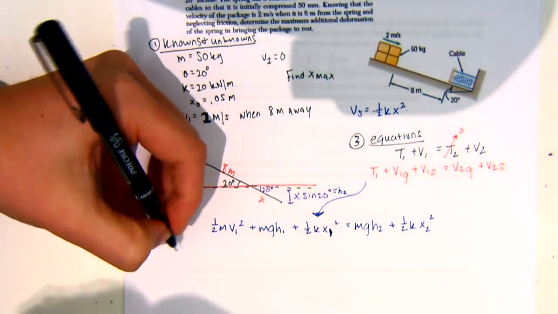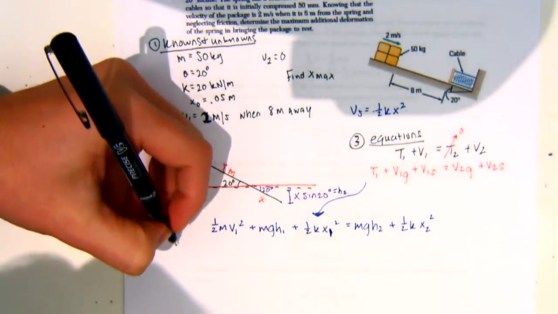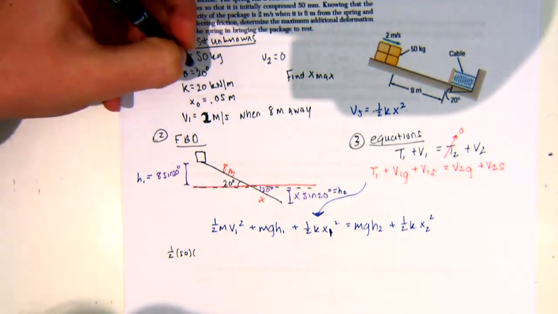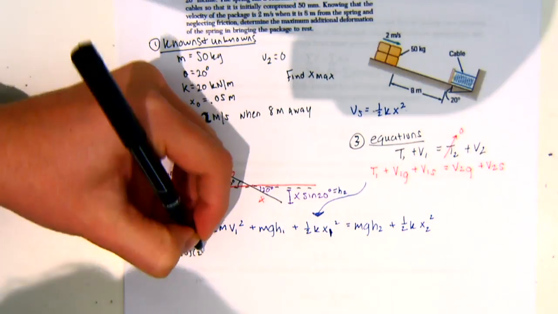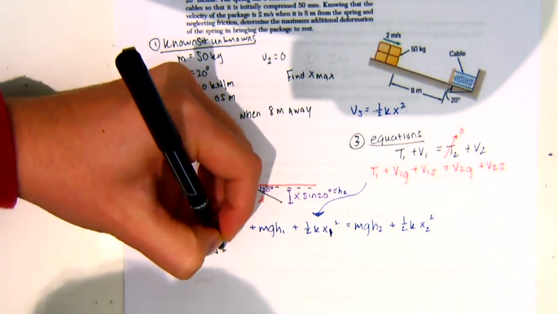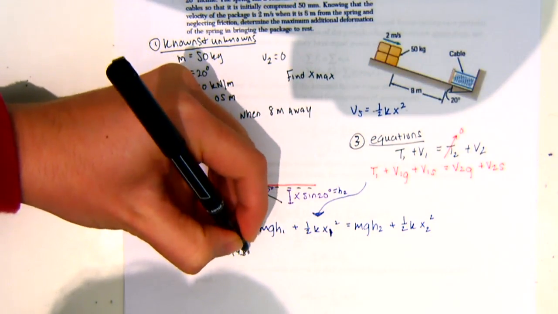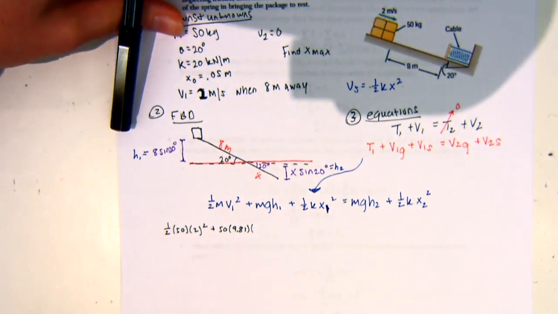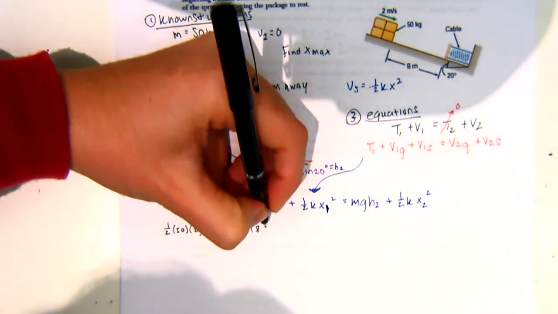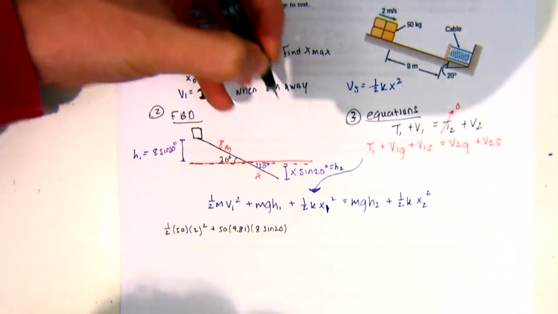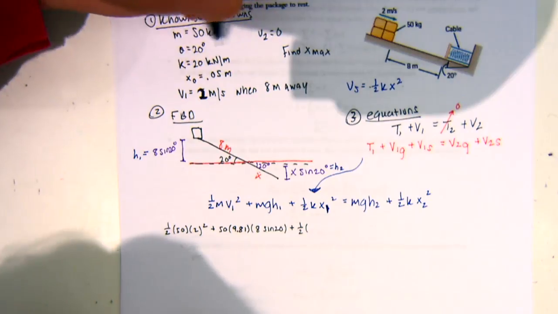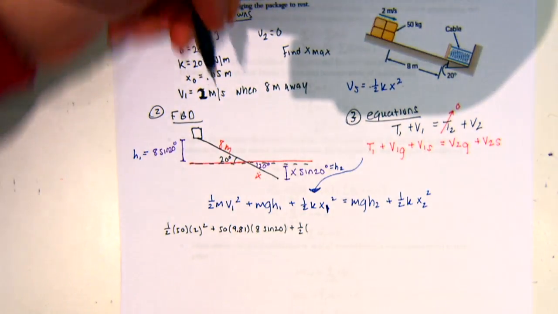So I have 1/2 times the mass, which is 50, times v, which we said was 2 squared, plus 50 times 9.81. Can everyone see that okay? So my height 1 is equal to 8 times the sine of 20. Then I have 1/2 times k, which we said was 30 kilonewtons per meter.